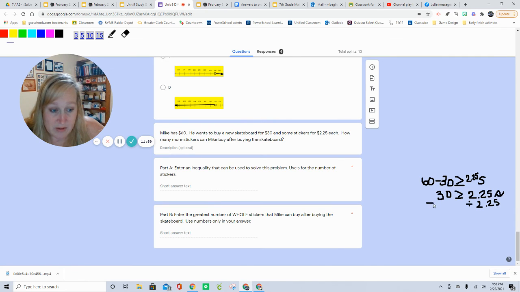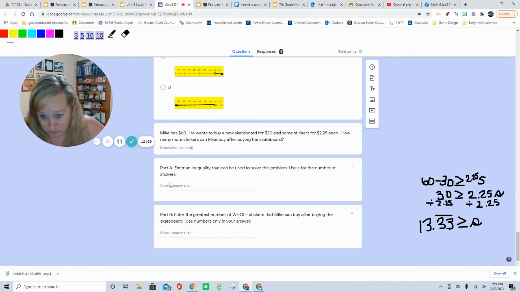You should be able to have a calculator. Writing it takes a while. So when I divided this, I got 13.33333 repeated. And that is greater than the number of stickers. So our inequality is going to be kind of hard to write, but you could write this several different ways.